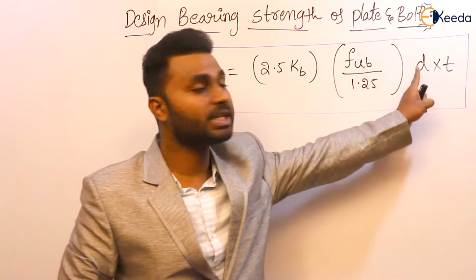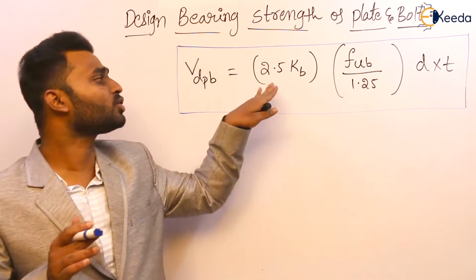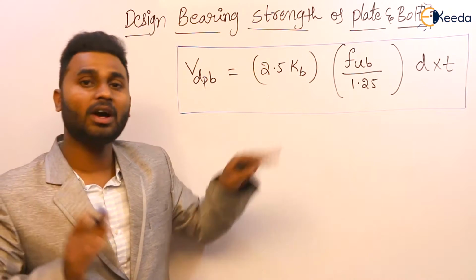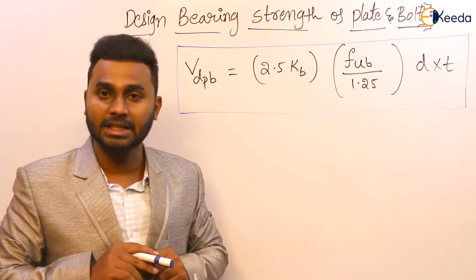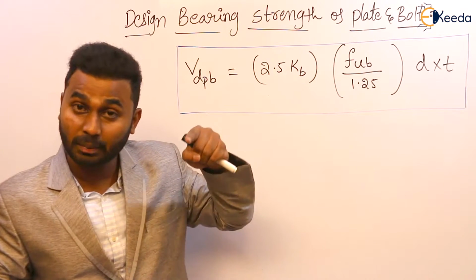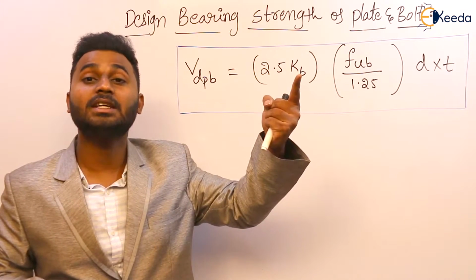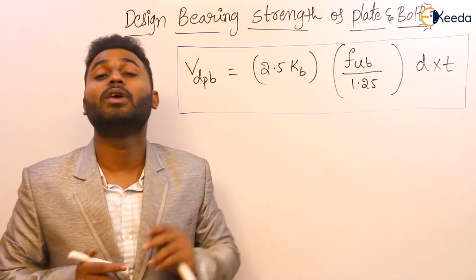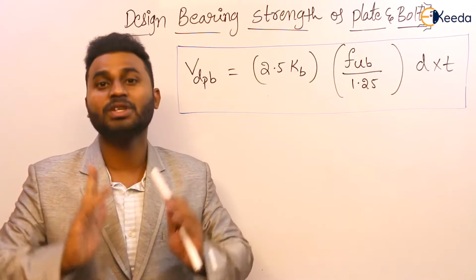And then d into t is the area, so simply stress into area. But it is a limit state method, so we have to use one factor. Why do we always use a factor in the limit state method? The reason is that in the limit state method, the stresses developed in the material because of external applied loads are very high. Because of that, we have to take some factors, be it a reduction factor or whatever it may be.